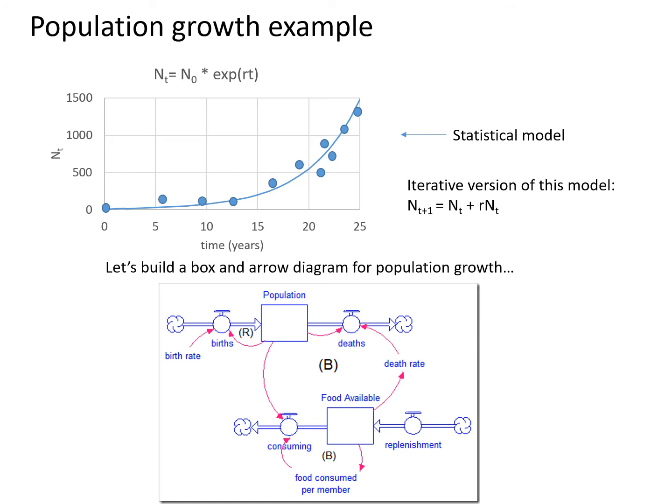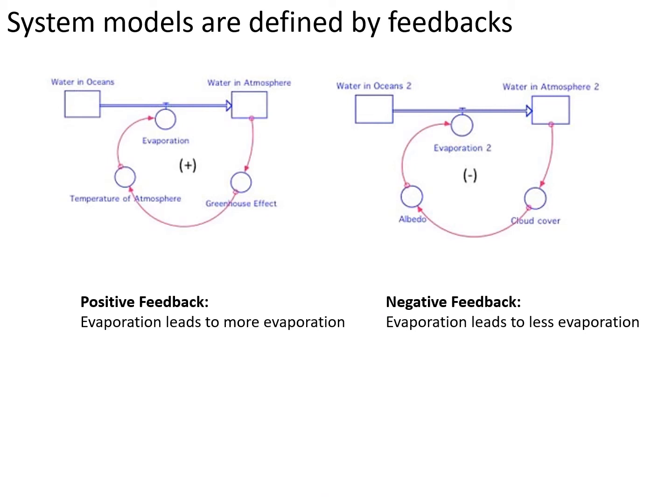So you've got two coupled state variables, one population, one food available, each with its own dynamics. And the models are defined by these kinds of dynamics. The most general kinds of dynamics are either positive feedbacks or negative feedbacks.